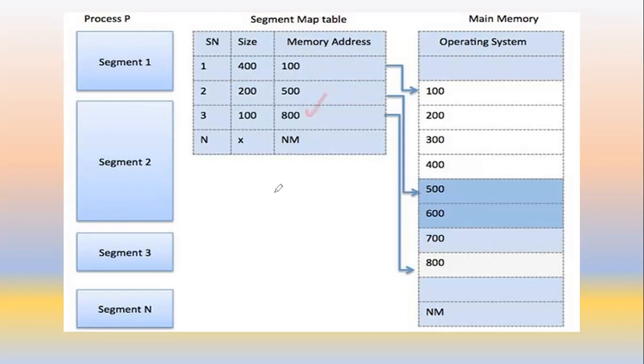And therefore, using that address, we are able to trace it from the main memory. That is the section of the main memory that we are referring to. This is the segment that we are referring to.